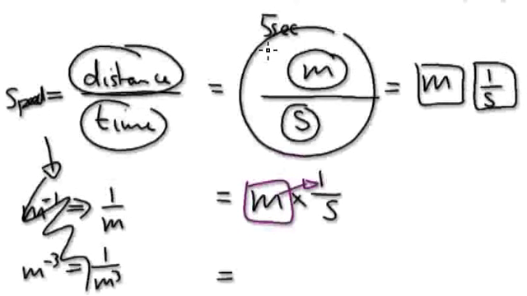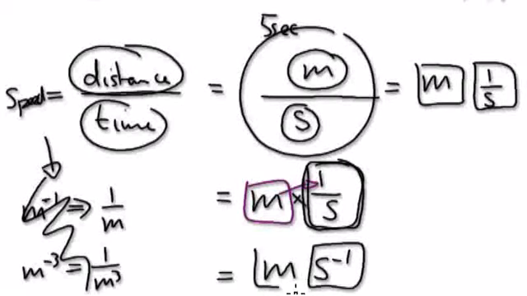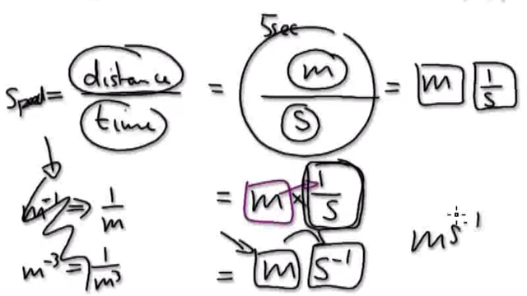So this thing here, you can imagine as s to the power of minus 1. So basically you're getting meters times the time. That's why the unit for speed is meters per second, and it's written like this.